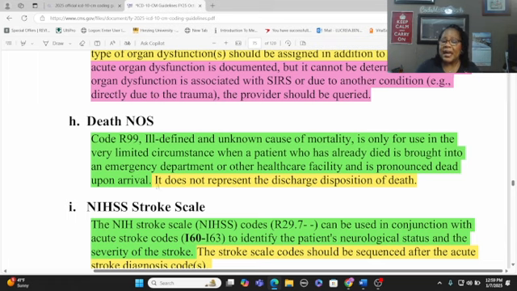But it ends this guideline by saying it does not represent the discharge disposition of death, because this patient didn't come in and was discharged dead. This patient actually came in dead. There wasn't any further testing or therapeutic treatment or clinical evaluation that can be done because the patient is already deceased. All right? So make sure I have all that for H.